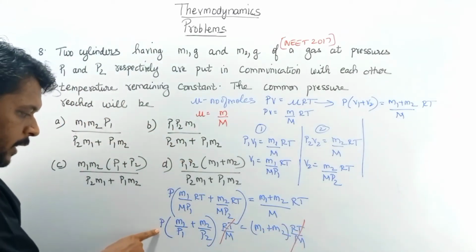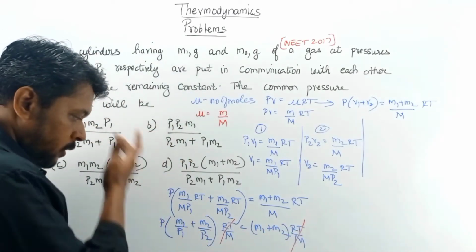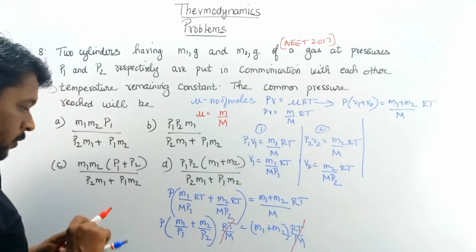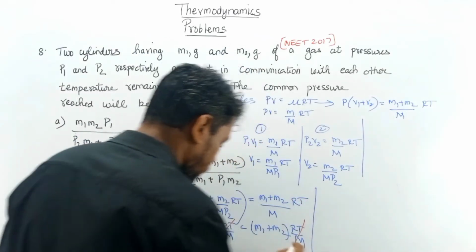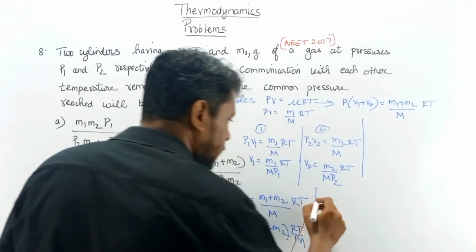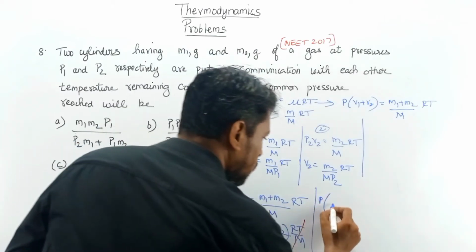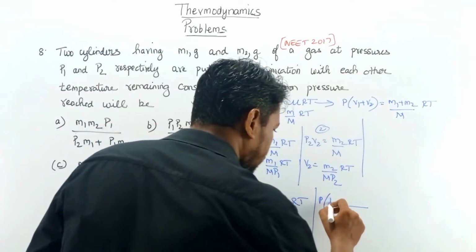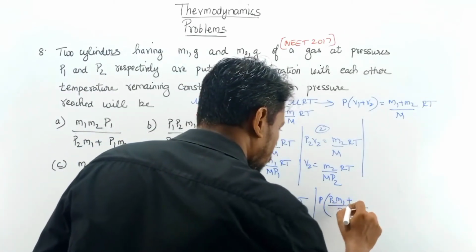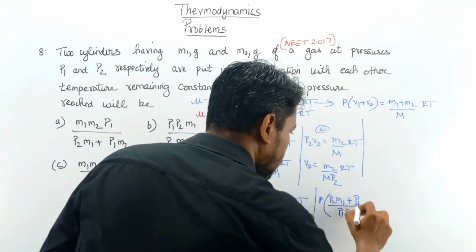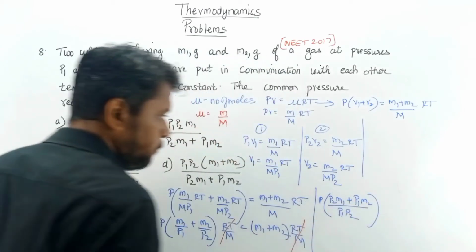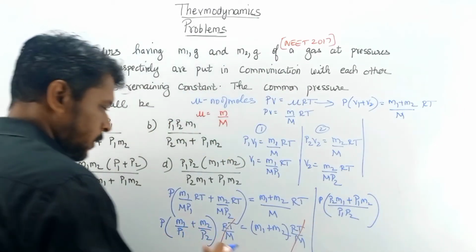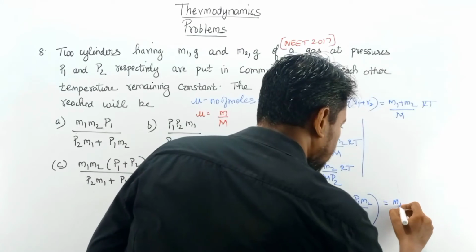So I have to find the expression for this P. Take the LCM on the left hand side. It will be written as P into, with P1 P2 in the denominator and P2 m1 plus P1 m2 in the numerator, which is equal to m1 plus m2.